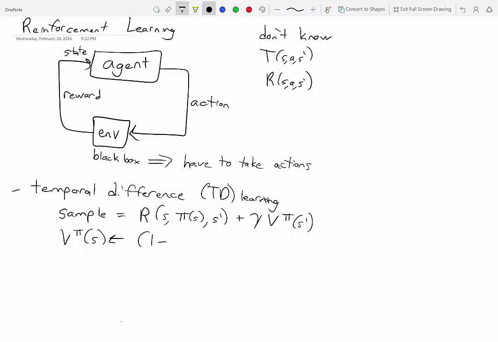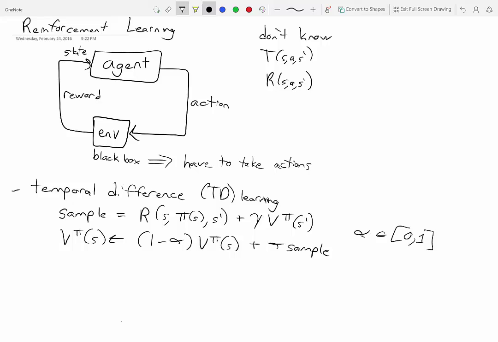So our new value is going to be 1 minus alpha, I'll talk about alpha in a second, of the current estimate plus alpha times what we just saw. And alpha is going to be between 0 and 1, just like gamma.